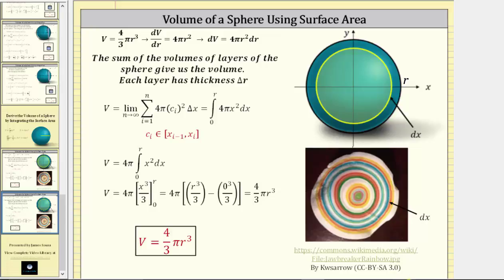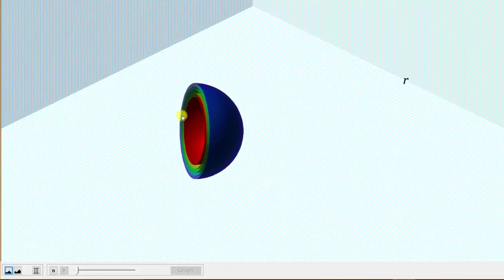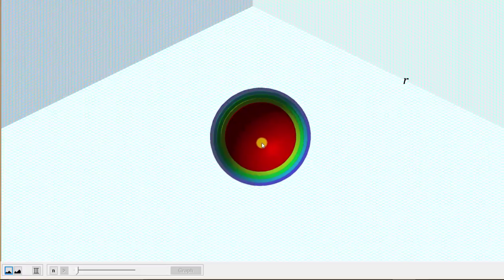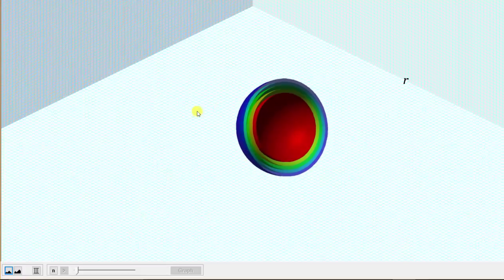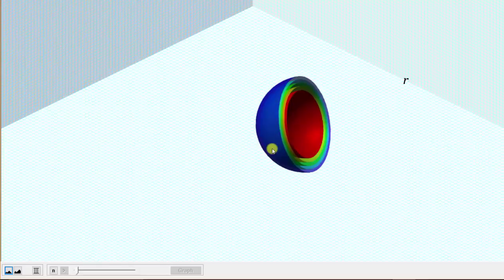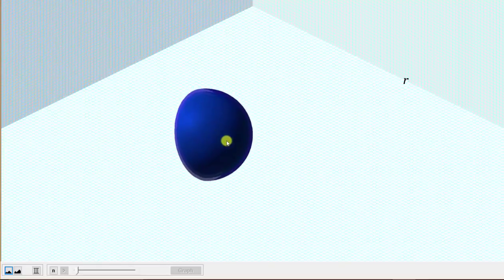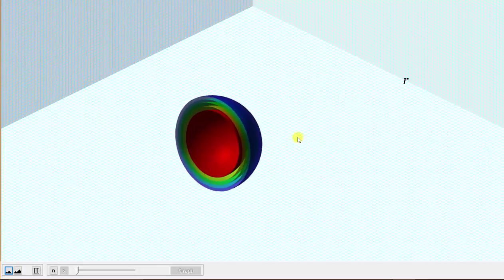Or if we look at this graphically, if we have a sphere and cut it in half, this graph shows 5 layers of the sphere, where again if we determine the volume of each layer, the sum of the volumes of the layers will give us the total volume of the sphere. And now let's take a look at this on the coordinate plane.